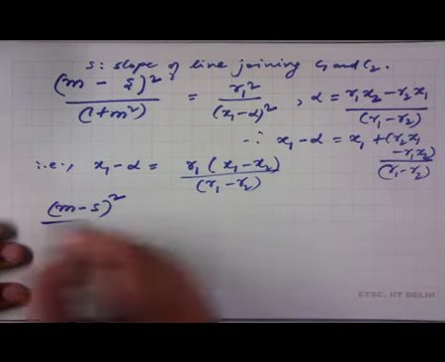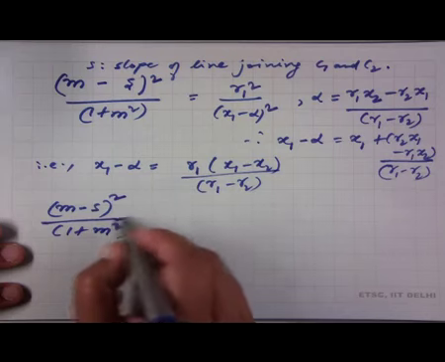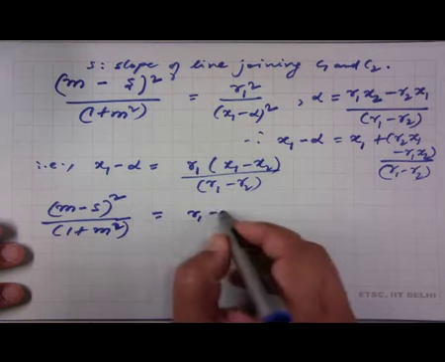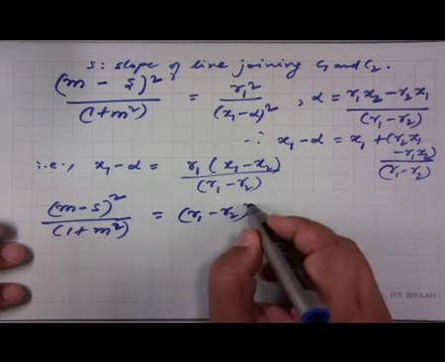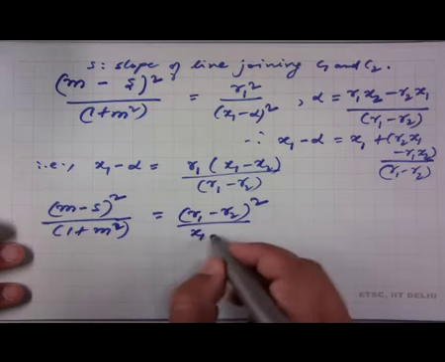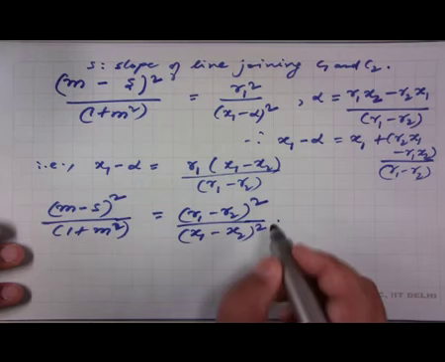m minus S whole square by 1 plus m square equals r1 minus r2 whole square by x1 minus x2 whole square.